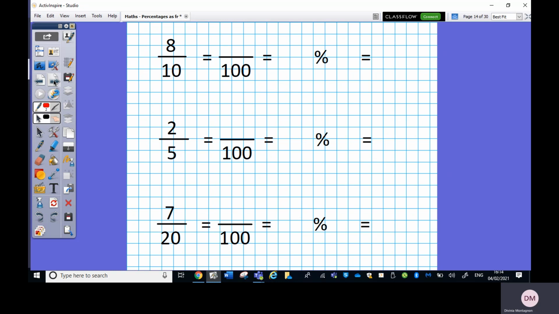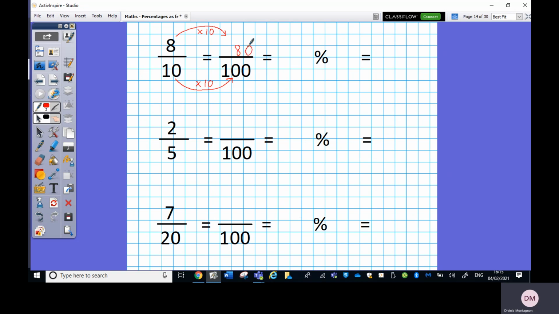Now let's convert these together. So what do I need to do first? And again, you're familiar with this for finding equivalent fractions. What do I need to do to 10 to get to 100? I've got to multiply it by 10. And what do I need to do then to my numerator? Good, multiply it by 10. 8 times 10 equals 80.